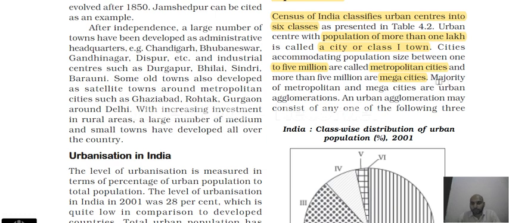Now, one more key factor you can get from this is that the majority of metropolitan and mega cities are called urban agglomerations. So what is an urban agglomeration? It is a built-up area in urban areas where you will find all the local governments, authorities, municipalities.